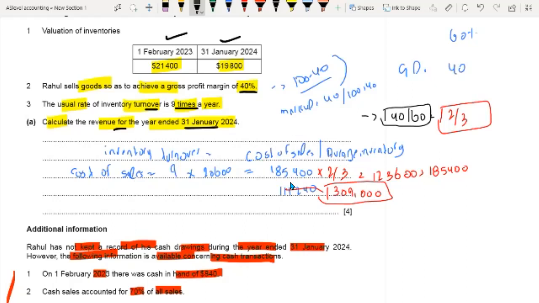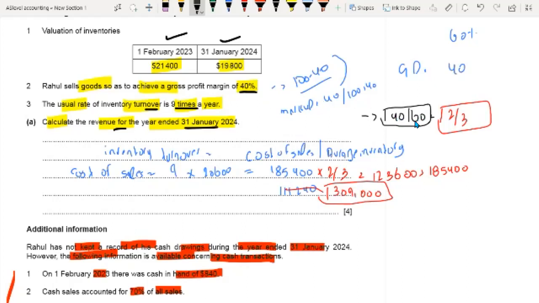Okay, so this would be the cost of sales, and we can find out the revenue, but the thing is that we have the margin, and for the cost of sales, we have to find out the markup. So we can convert it into the markup. Okay, so the markup would be 100 minus 40 over 100 minus 40.